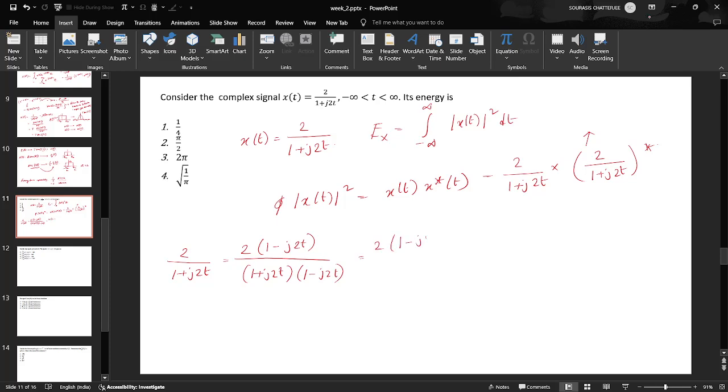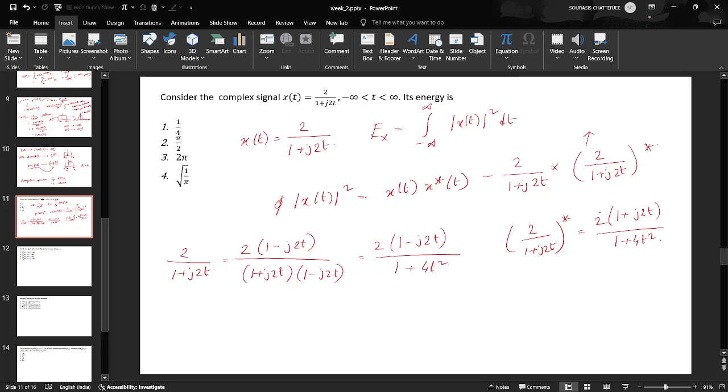So what we will be left with here is a square minus b square, 1 minus j square, so j square is minus 1, so minus 1 is plus 2t whole square, that is 4t square. So what its conjugate is going to be: 2 into 1 plus j 2t divided by 1 plus 4t square.